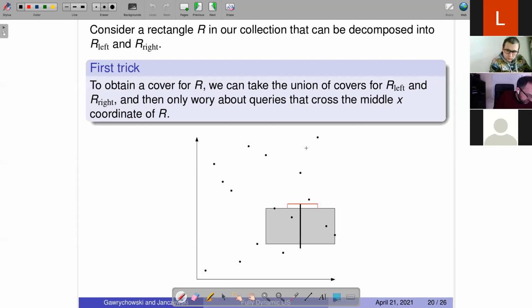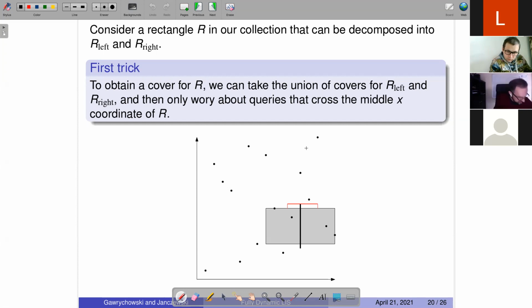So then when you think about the query range, if the query range is fully on the left of this middle x value, you can take the cover from the smaller rectangle, because the smaller rectangle was in your collection, and any query there is covered by what you maintain recursively. And the same on the right. So the only queries that you should worry about are the ones crossing the middle x coordinate.